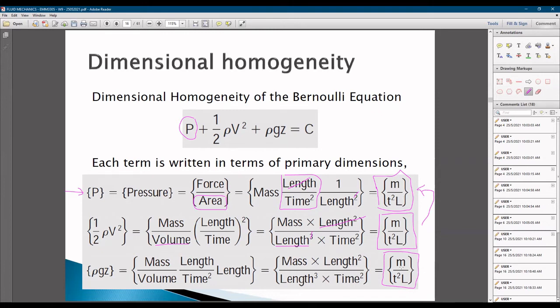So it means that they are all apples. They are the same. Finally they will have the same units, because we have looked into each of their dimensions.